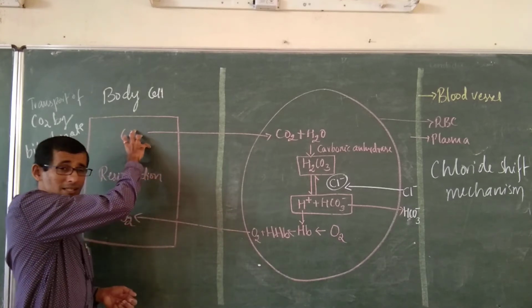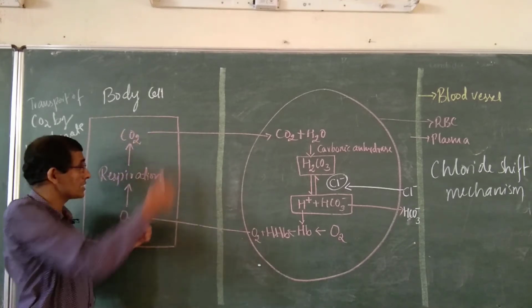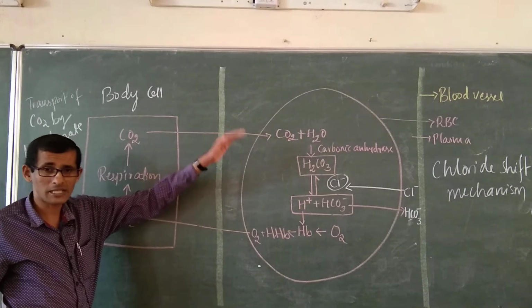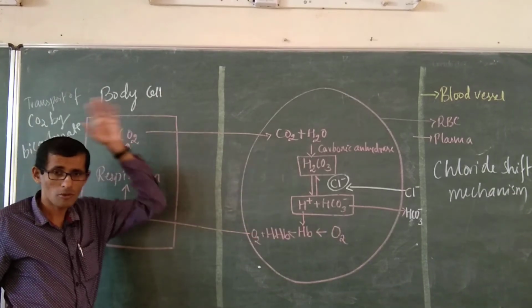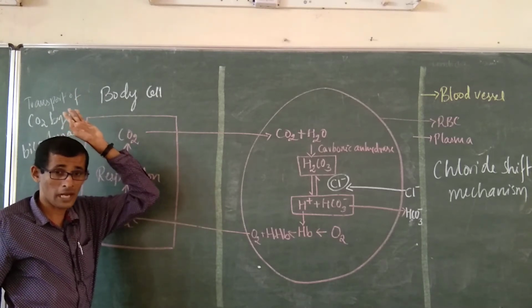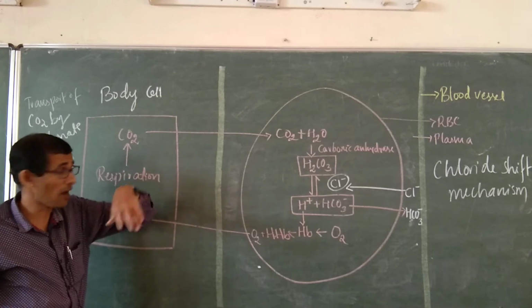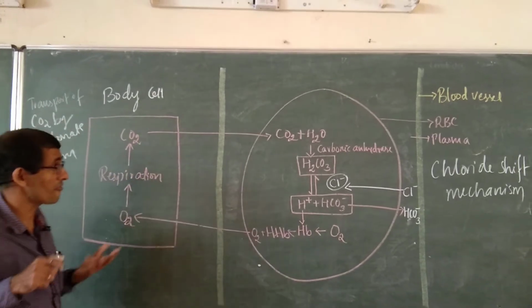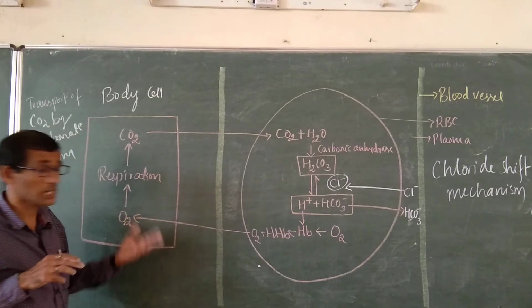As a result, carbon dioxide is released, and that released carbon dioxide is once again transported as bicarbonate at 70%. So the first 10% is carbonic acid, the second one, carbamino compound, is about 20%, and the remaining 70% is in the form of bicarbonate ion.